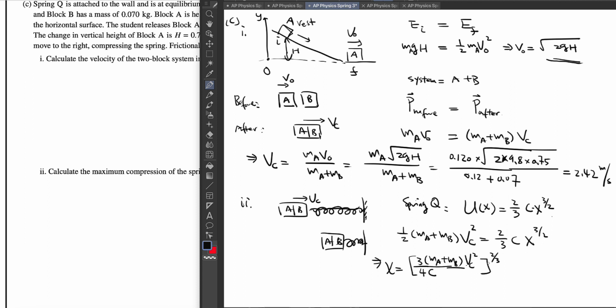Then you can plug in all the values. 3 times MA again is 0.12, 0.07 that's for MB, VC is 2.42 squared, divided by 4 times C. C is 20 to the power 2/3. And this number turns out to be 0.12 meters. So that's part C.